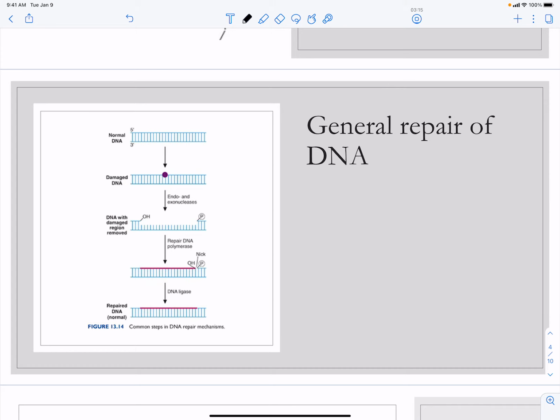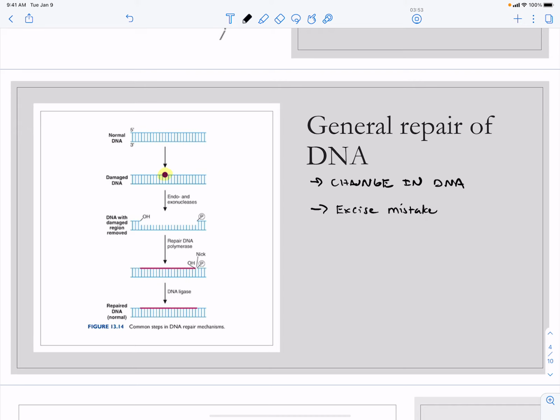So overall, we have a general repair of DNA. You have some sort of change in your sequence. And then your cells are going to have to recognize that change, and then you're going to have to excise the mistake.